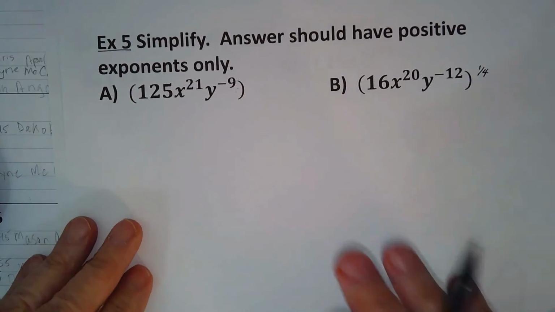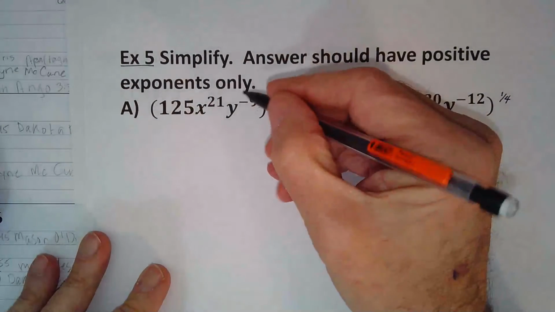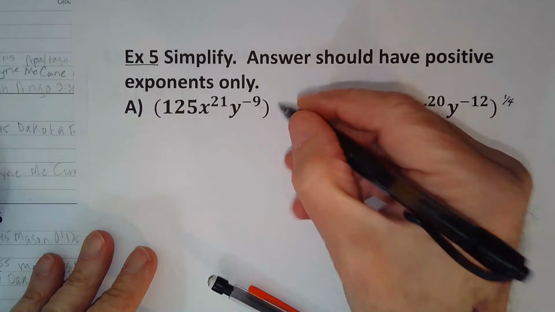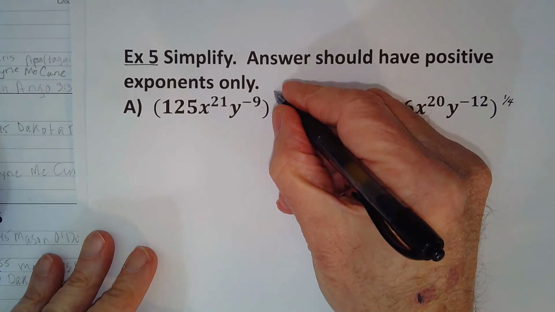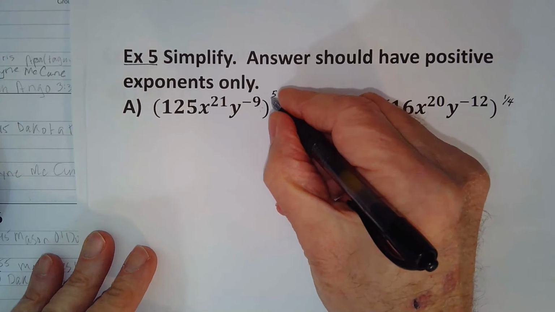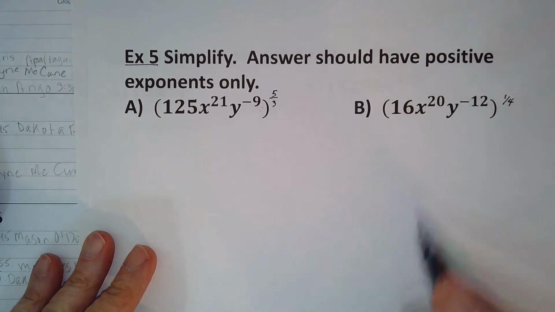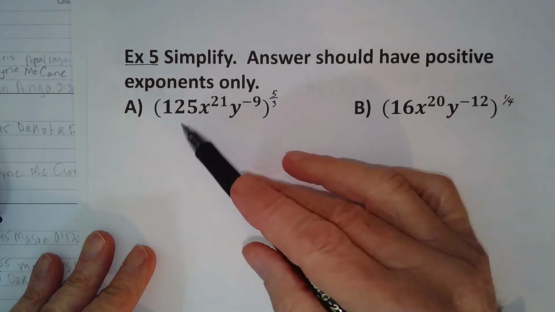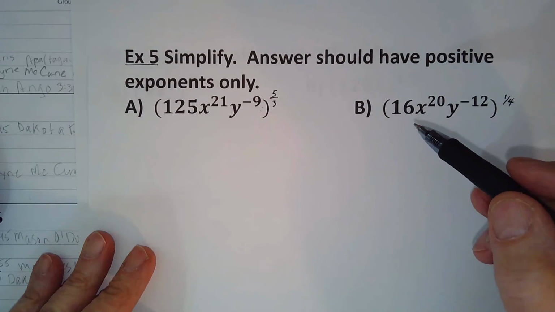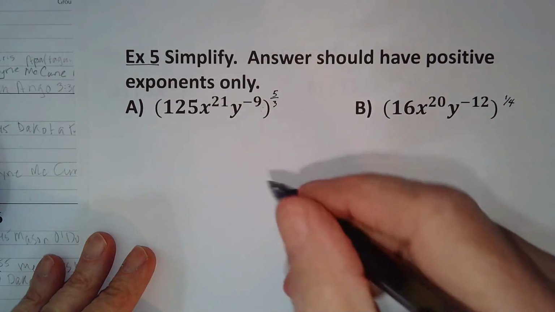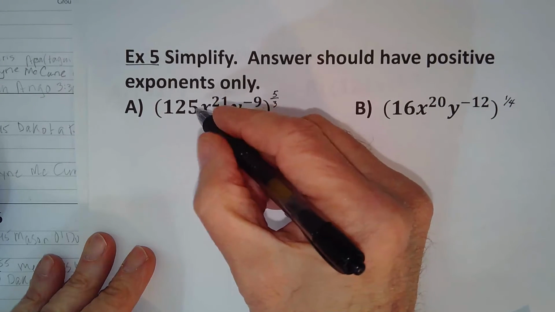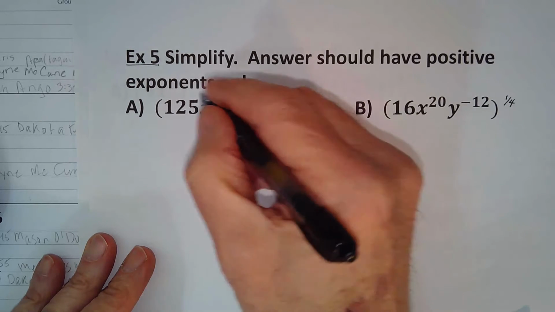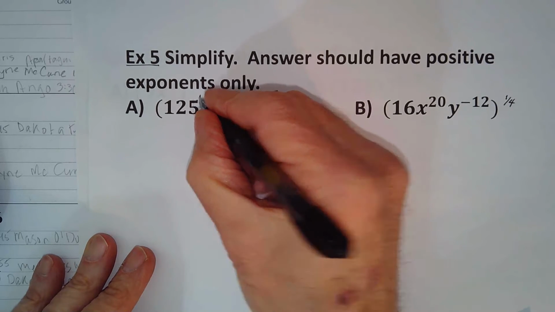Okay. So, all right, well, first of all, we have to finish writing in part of the problem. So this has an outside exponent of 5 over 3. So this is 125x to the 21, y to the negative 9, all to the 5/3 power. All right. So first of all, we have to look at everything and make sure we've got our exponents. So 125 has an assumed exponent of 1.